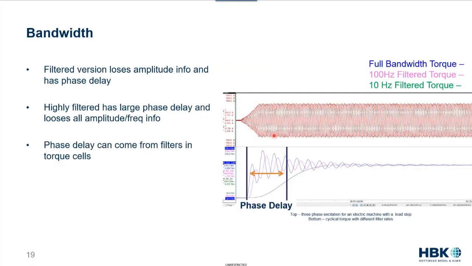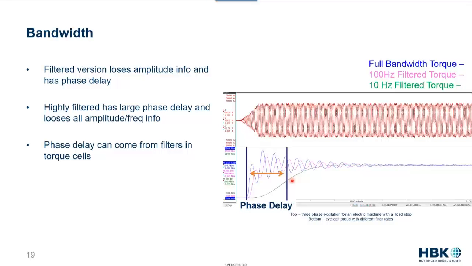On the bandwidth side, what I'm showing here at the top pane is three-phase currents. And what we've done is apply a load step to this machine. So you see the currents kick in. And very soon after the currents kick in, now we see the torque start to respond. I've got three different torque signals shown here.